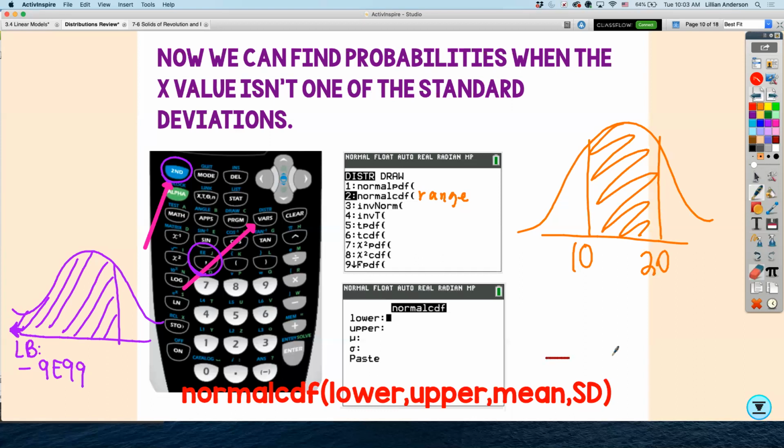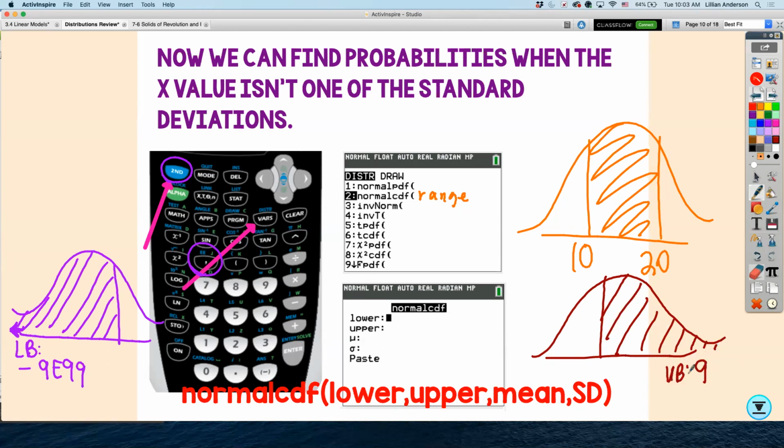But anytime you essentially went to infinity, that's when you would have to use the E. So this one here, your upper bound would have been positive 9 E to the 99th power, because you're going all the way up to infinity on your x-axis. Remember, all of these were x-axis.